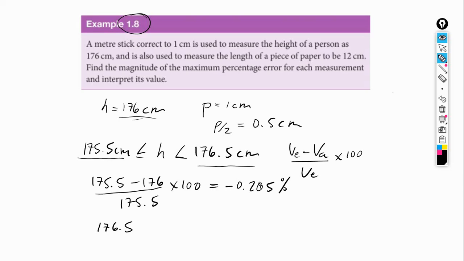We would get 176.5 minus 176 divided by 176.5 times 100, and this would give us a positive number of 0.283%.